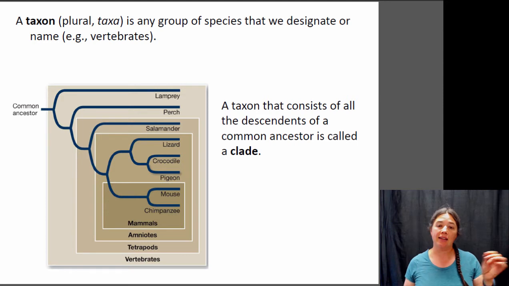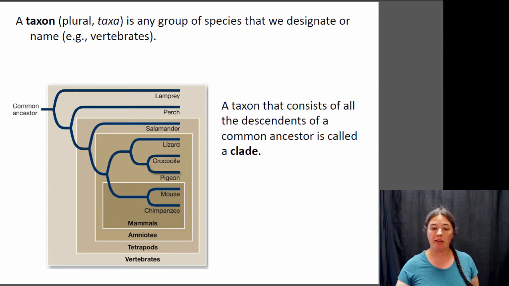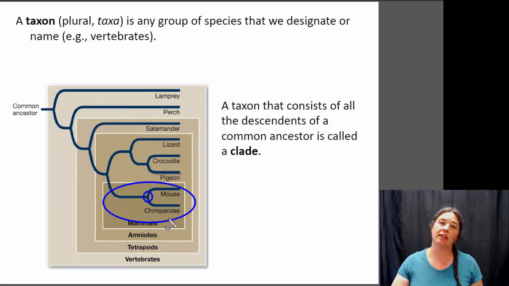A taxon that contains all the descendants of a common ancestor is known as a clade. If you're looking at this graph here, you can see that there are numerous clades on here. This clade that contains the mouse and the chimpanzee and the common ancestor of those two organisms, we would designate as a clade of mammals.